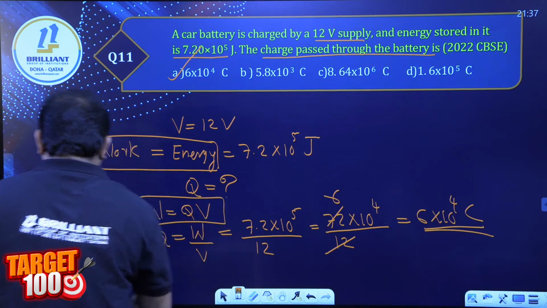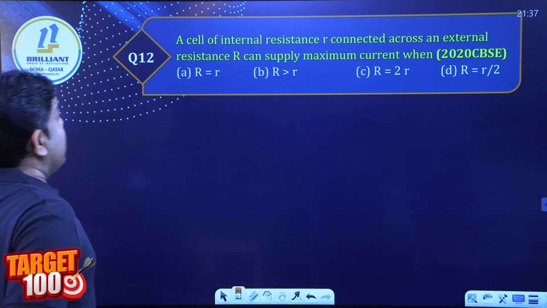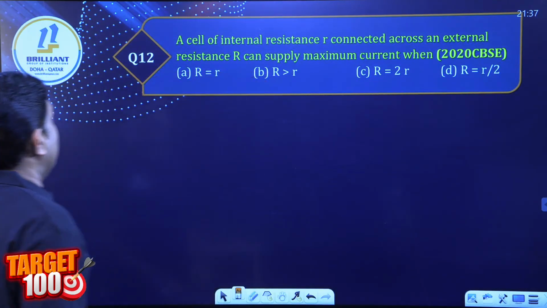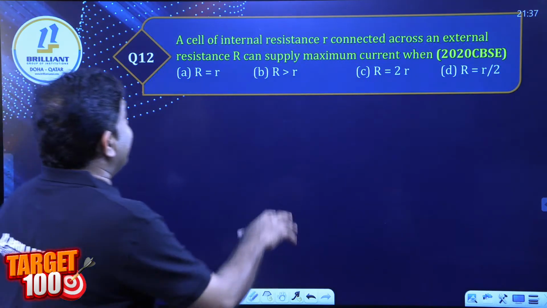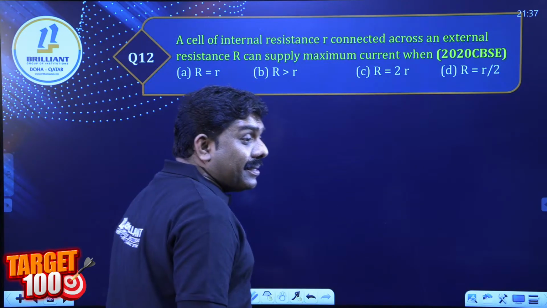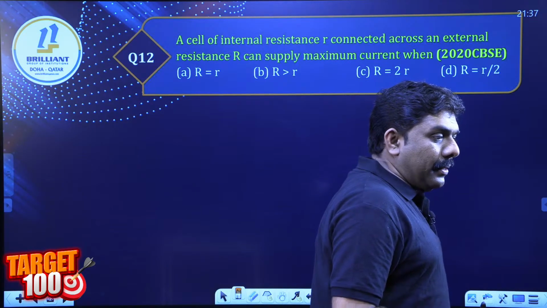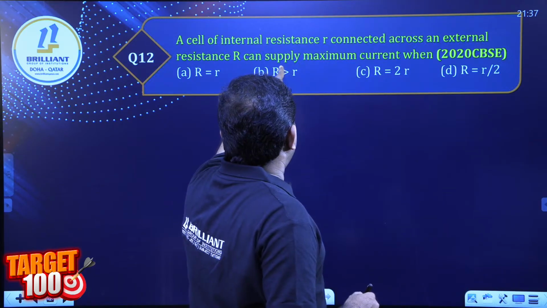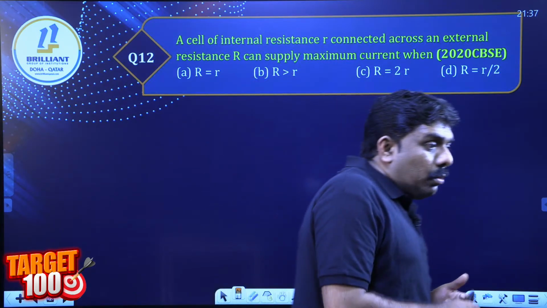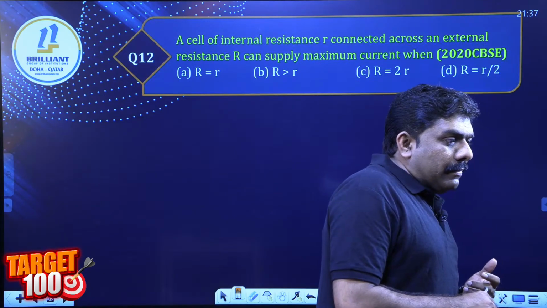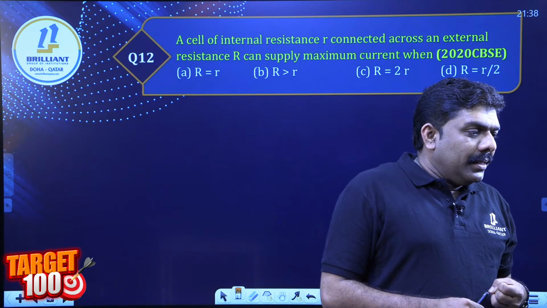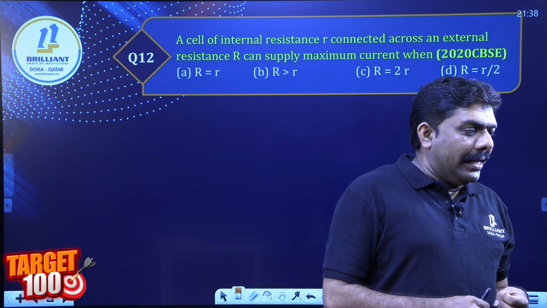W equal to QV. Now see, we are trying a 2020 CBSE question. So what's the question there? A cell of internal resistance small r is connected across an external resistance capital R. It can supply maximum current when R is equal to... Someone is asking why we took that, that is work and energy.